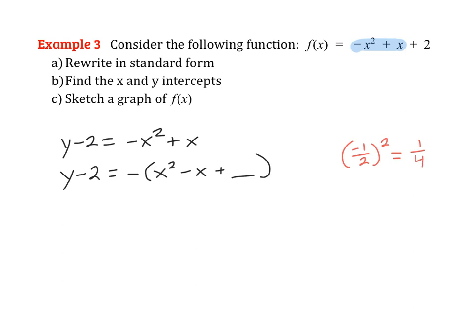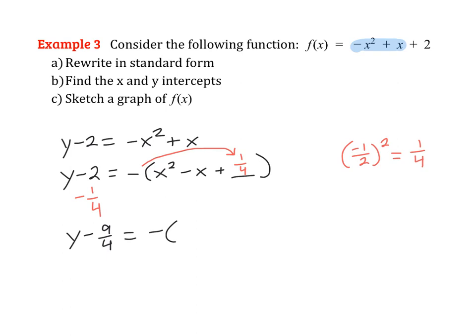So that's what I'm going to add right here. But really, I subtracted 1 over 4 from the right side, so I'm going to subtract 1 over 4 from the left side. And what I have left here is y minus 9/4 equals negative.